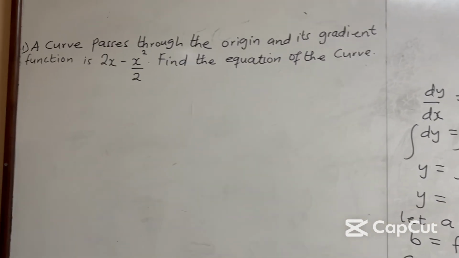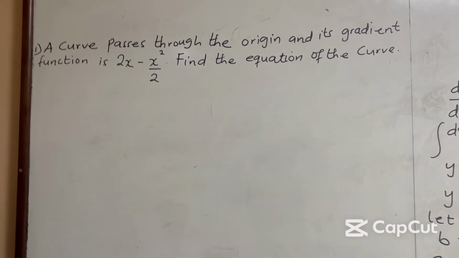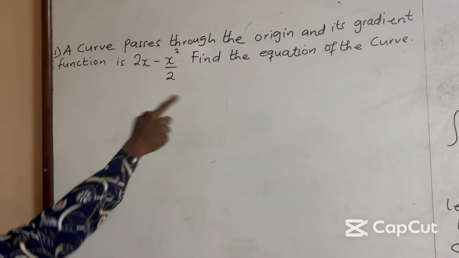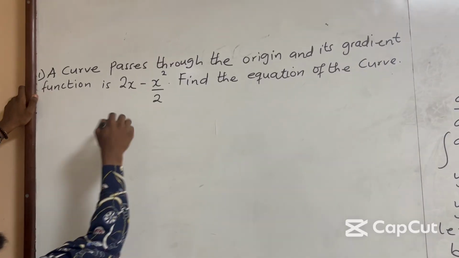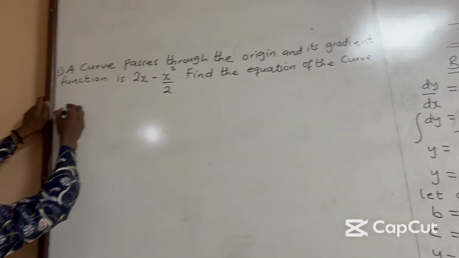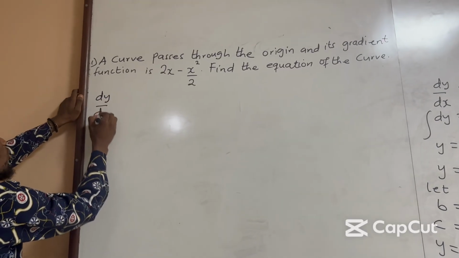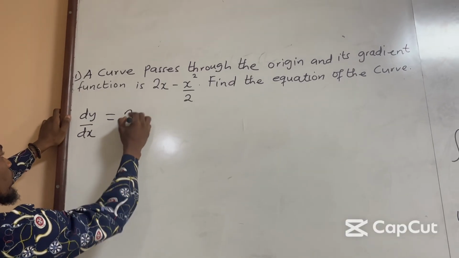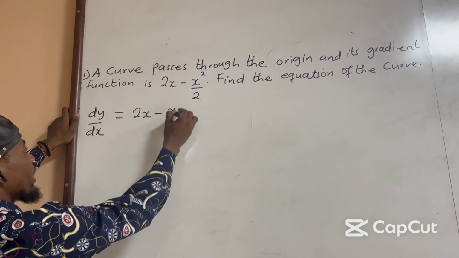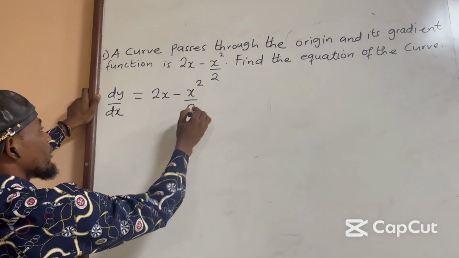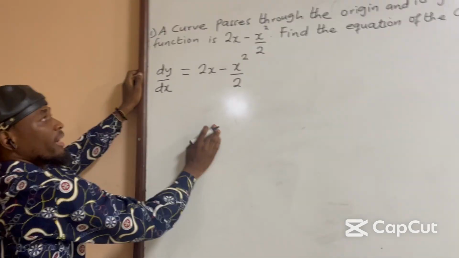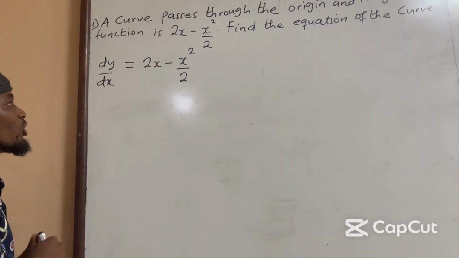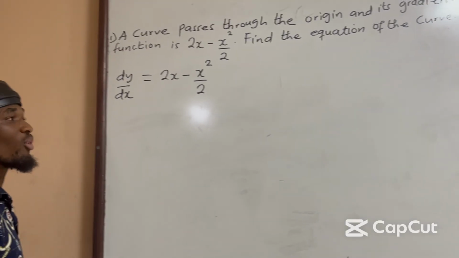The first question reads: a curve passes through the origin and its gradient function is dy over dx equal to 2x minus x squared over 2.